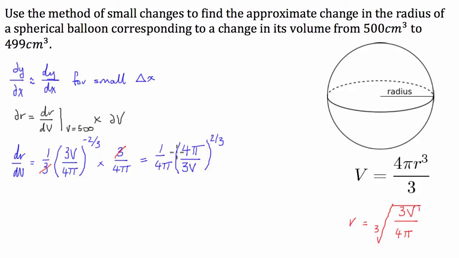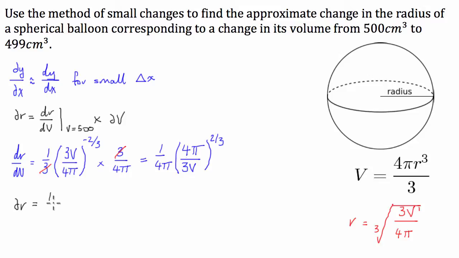To find our incremental change in radius, delta r, we're going to get this function and evaluate it when v equals 500.